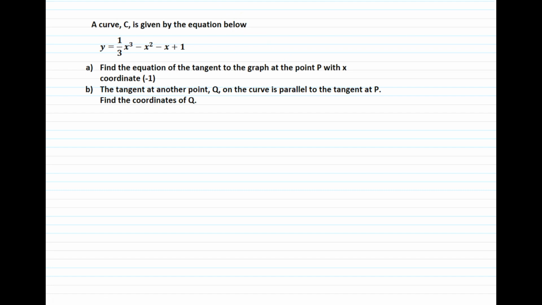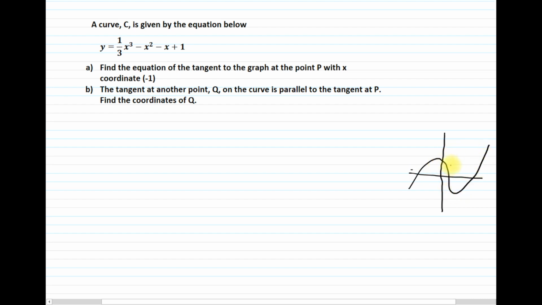Okay, now, how would we do that? Let's have a little sketch of the graph here. Because it's a cubic, I think it may look something like that. Now, we know that at some point P, there is a line, say like that, that is tangent to the curve.